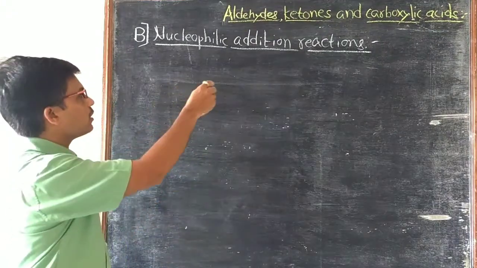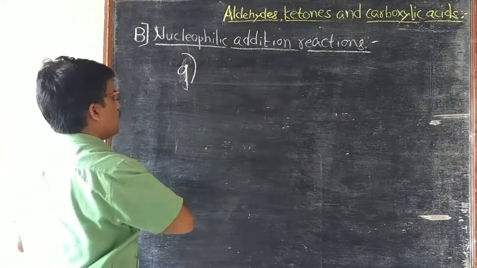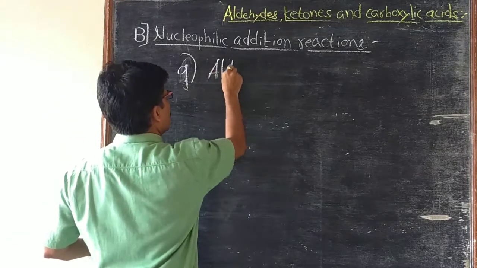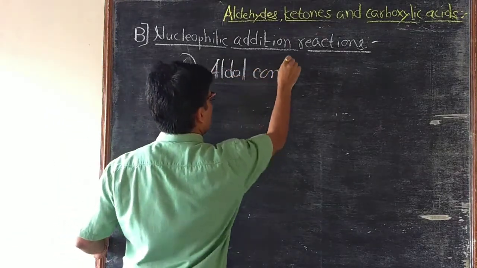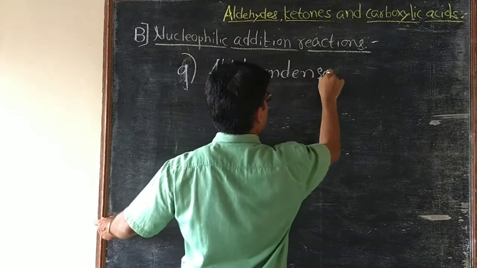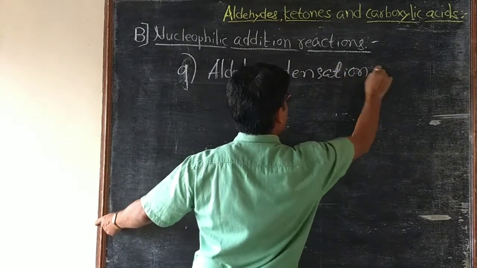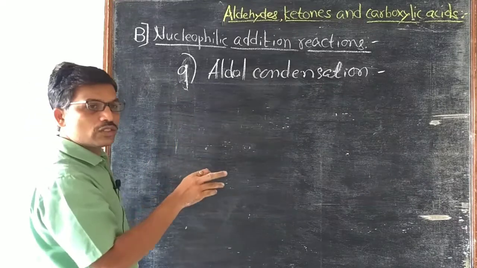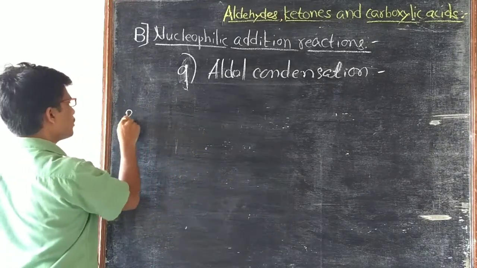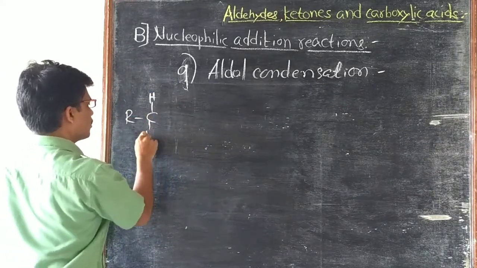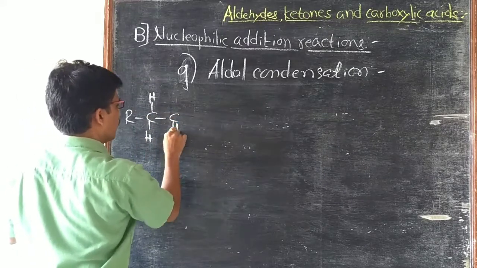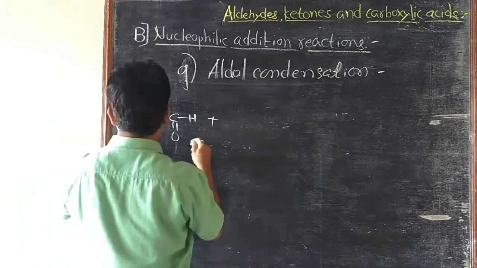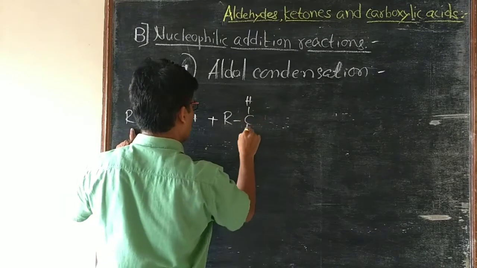The next nucleophilic addition reaction is aldol condensation. First we will see aldol condensation of aldehydes. Take one aldehyde molecule and then another aldehyde molecule.